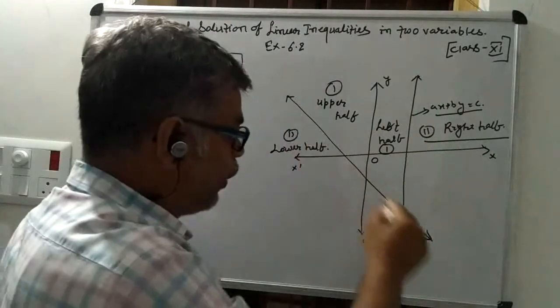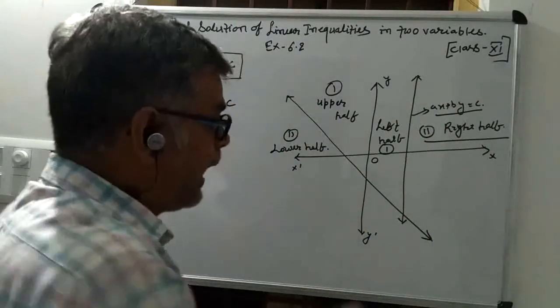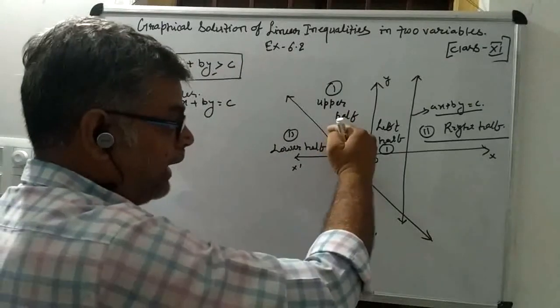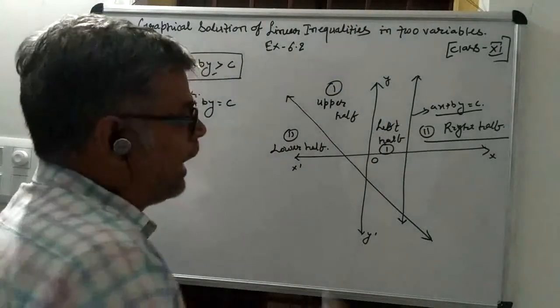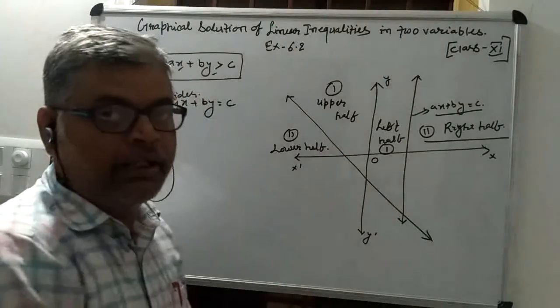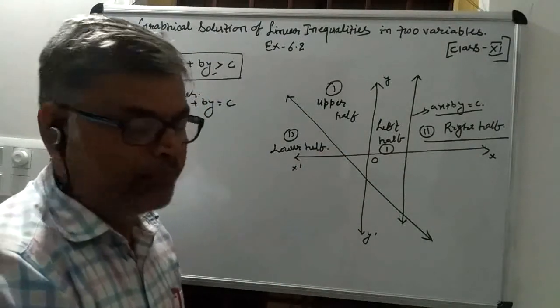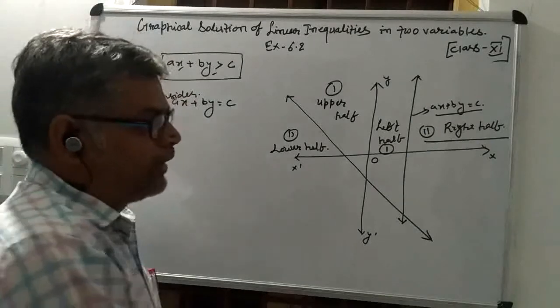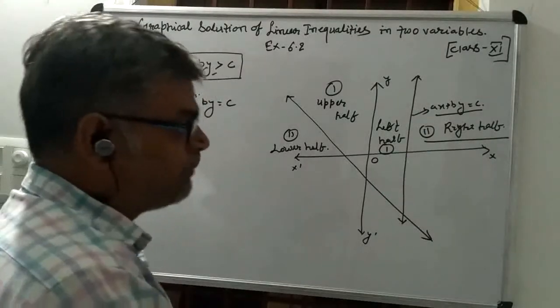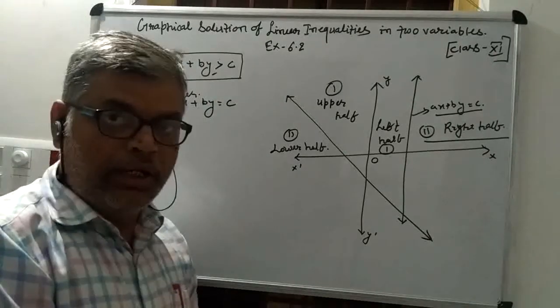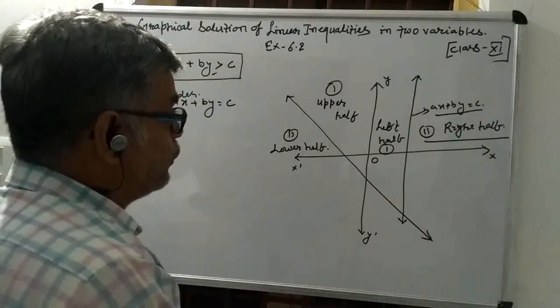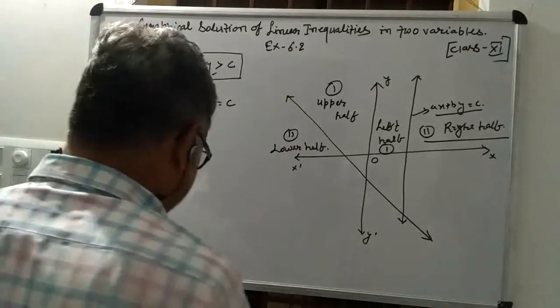And when the line is not vertical, the region above the line is known as the upper half, and the region below the line is known as the lower half. Thereafter, on this basis, you have to find the solution or solution region of this exercise.